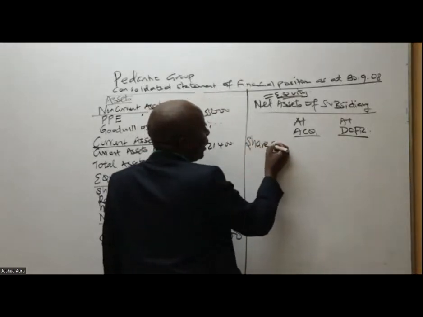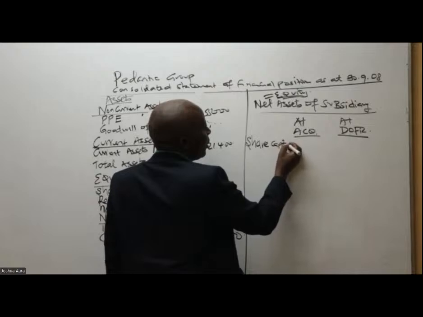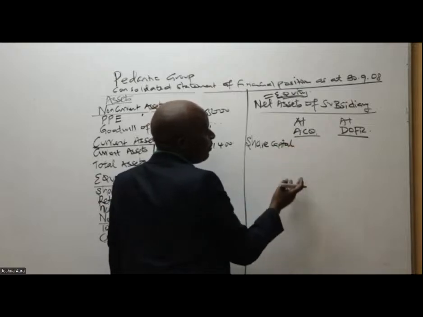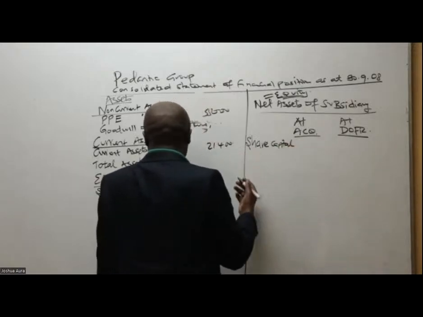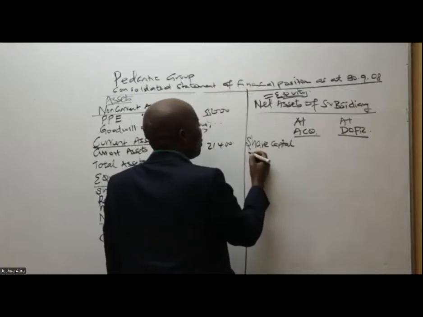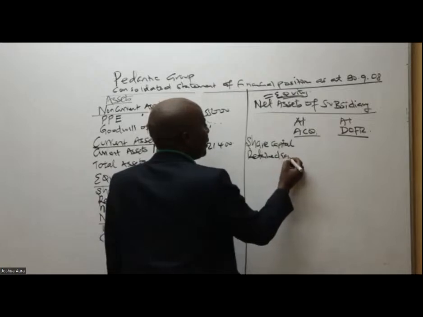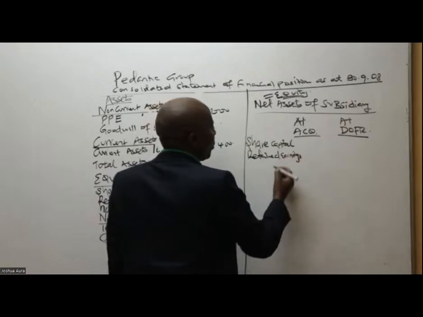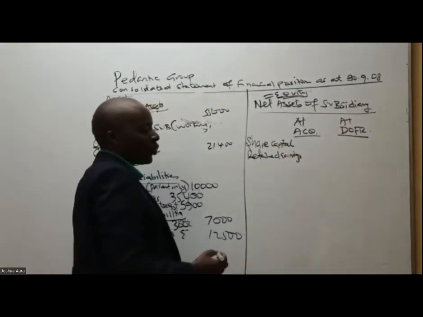We have the share capital. We have the share premium if it is available; it is not available here. We have what we call retained earnings, these are shareholders' monies.